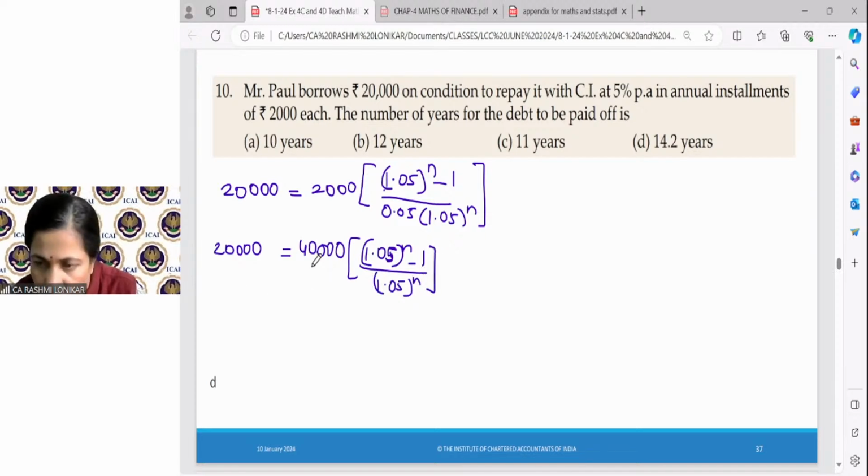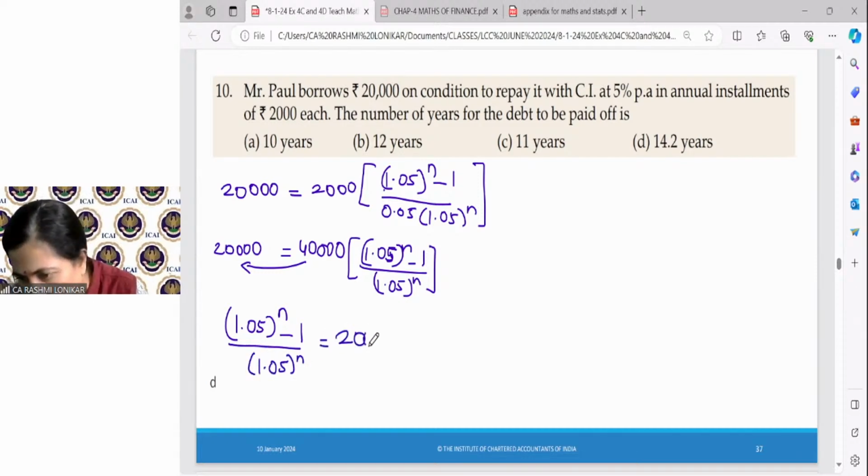So I take now the 40,000 to the denominator of this. So I get 1.05 raised to n minus 1 upon 1.05 raised to n to be equal to 20,000 upon 40,000. How much is this? 20,000 upon 40,000 is again 0.5.